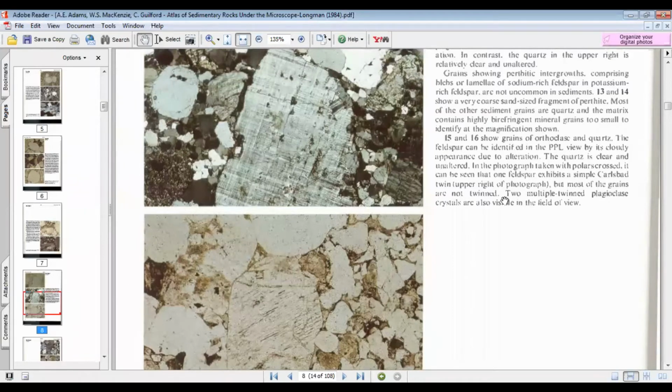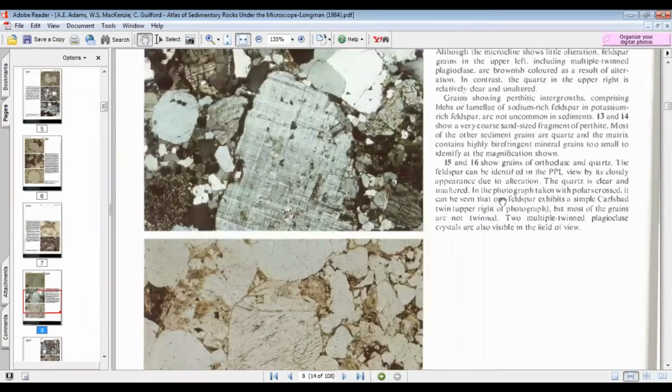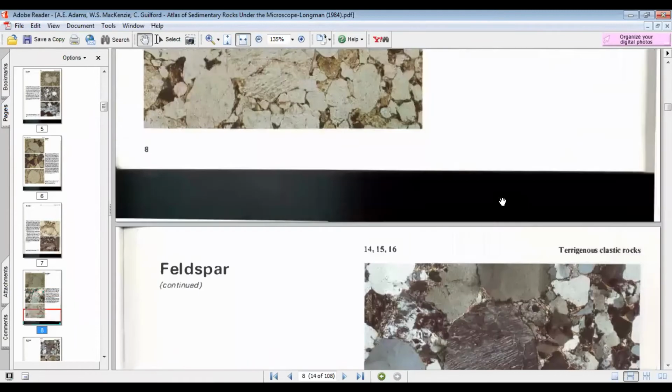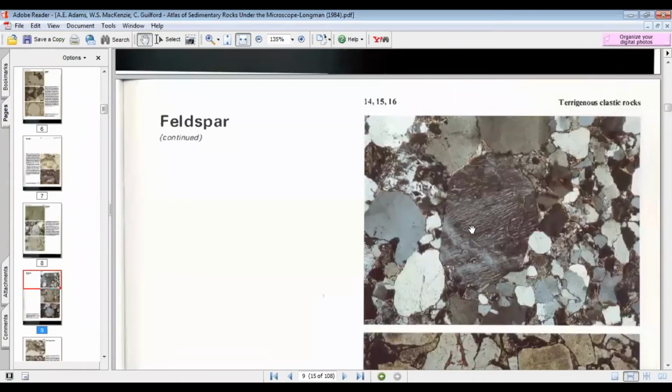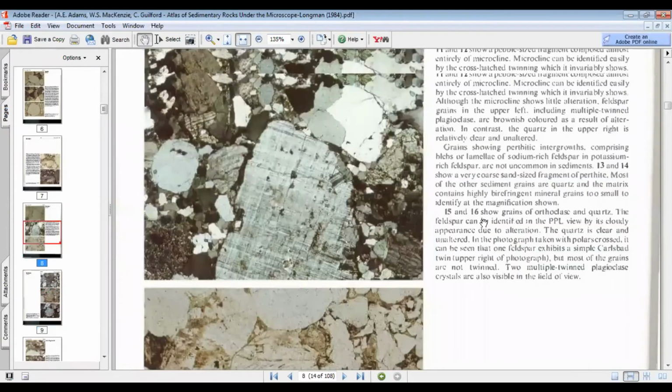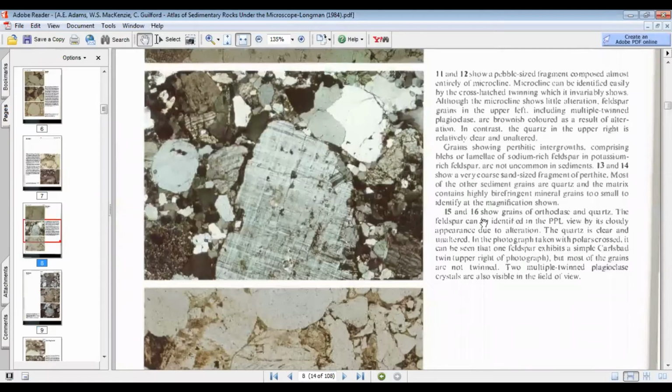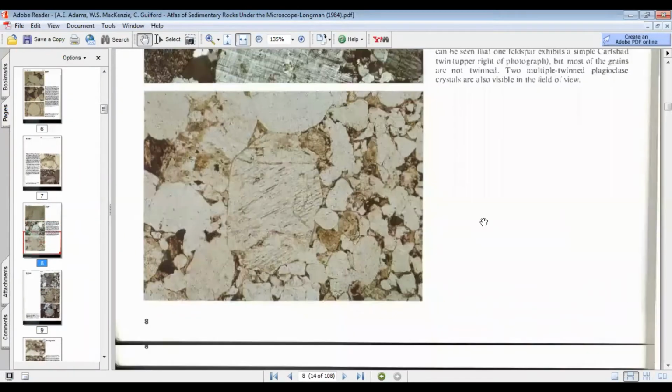And just like in the next thin sections, we will see a few examples of the perthitic texture, in which two feldspars grow with each other. As you can see, we have lamellae of sodium rich feldspar in potassium rich feldspar.